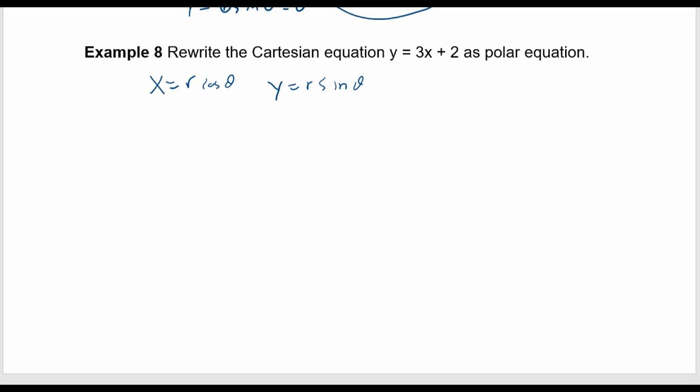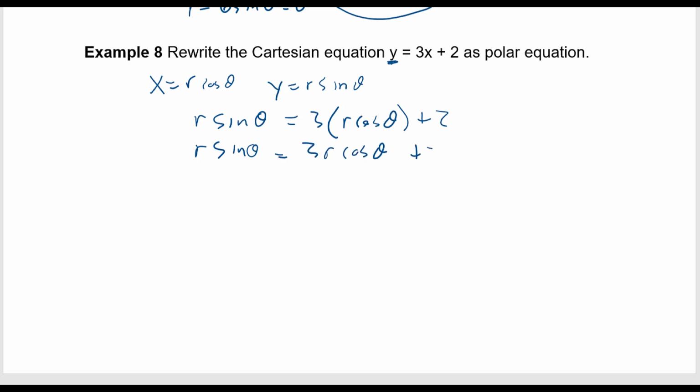So r sine theta replaces the y, equals 3 times r cosine theta replaces the x, plus 2. So we have r sine theta equals 3r cosine theta plus 2.